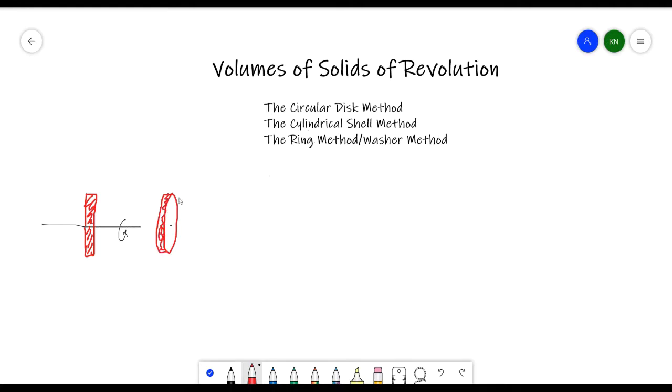For the cylindrical shell method, supposing we have our axis of rotation around this area, the strip is parallel to the axis of rotation. If this is the axis of our rotation, we have our strip here, for example.